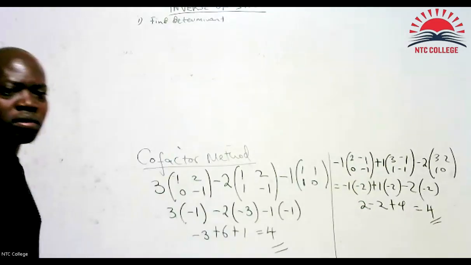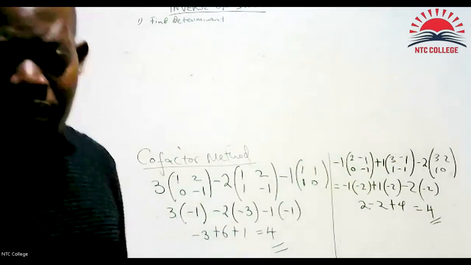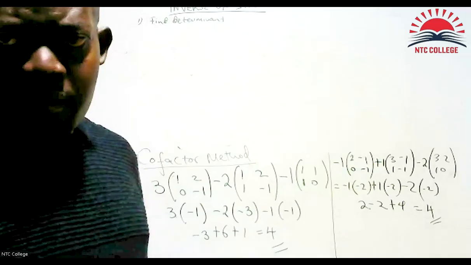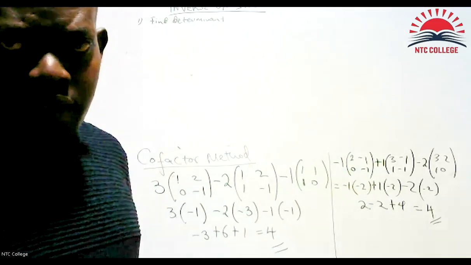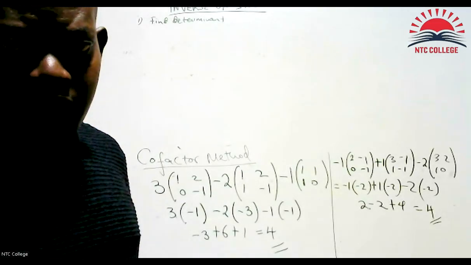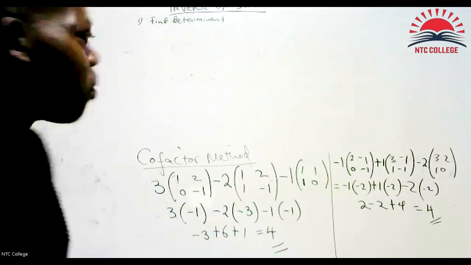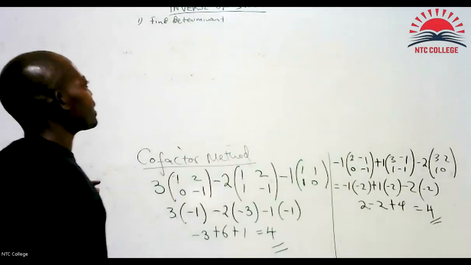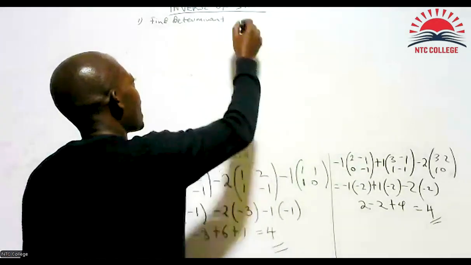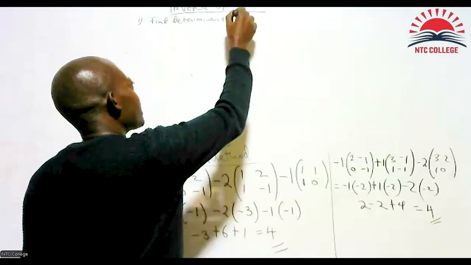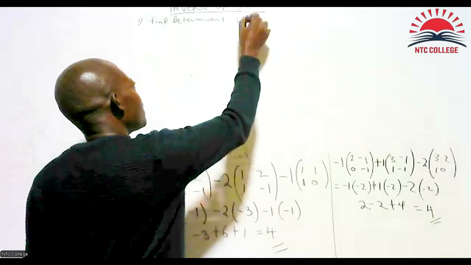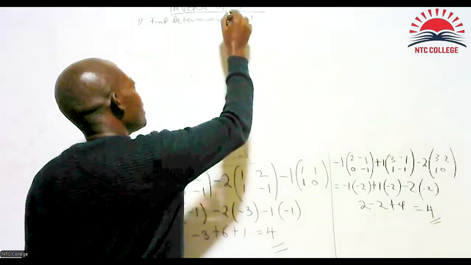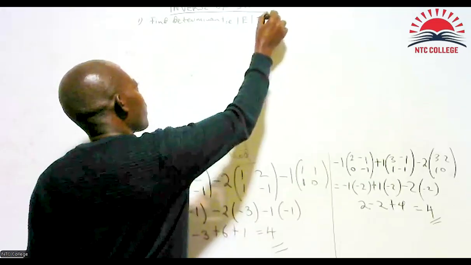That's why I told you I'm retaining this one deliberately. Find the determinants. Accordingly, the determinant of matrix B equals 4.